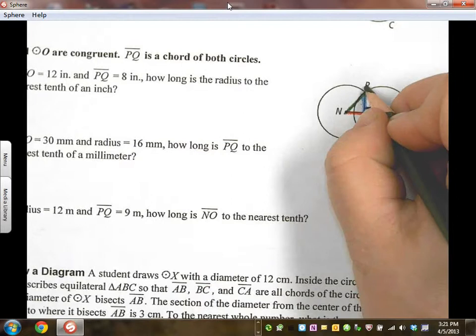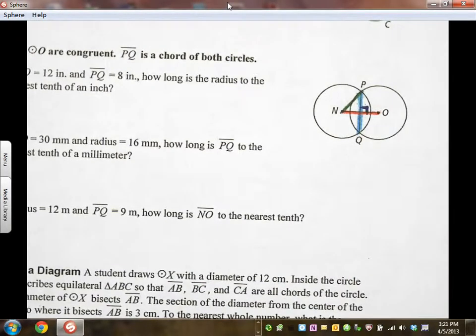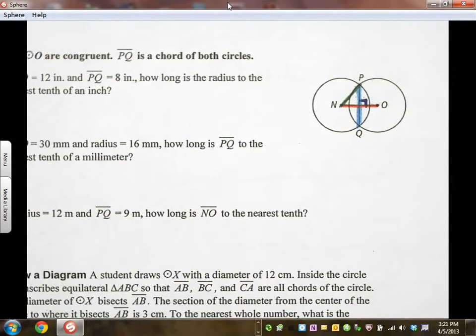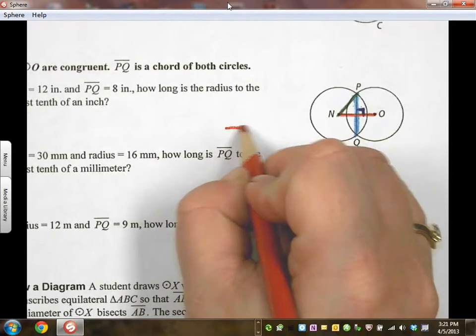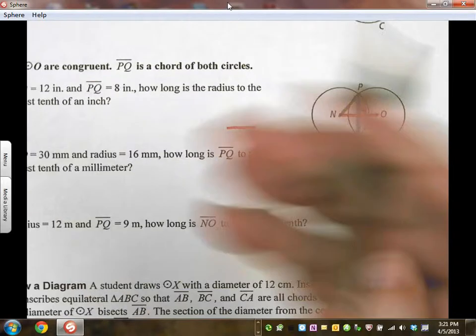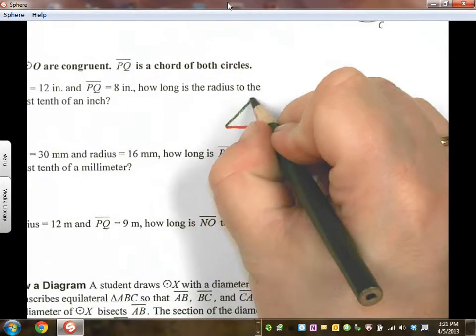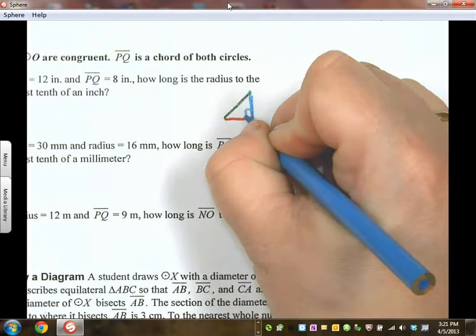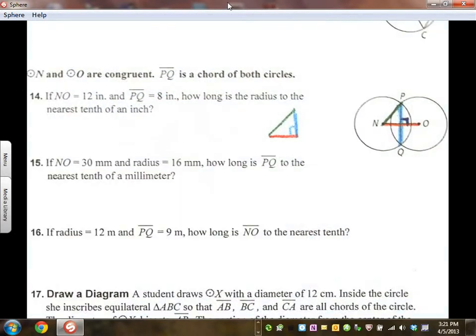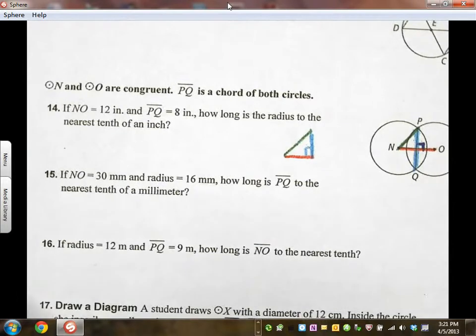And right there, anywhere you draw a radius, it's great if you can draw a radius to help yourself make a right triangle. So let's draw an example of our right triangle down here so we can write the information for this specific problem on it. Okay? Now let's label our shape.